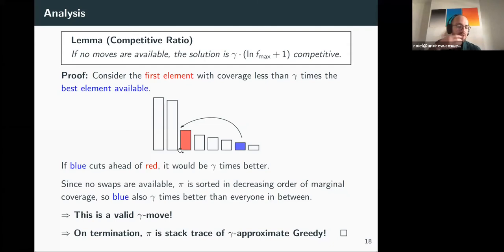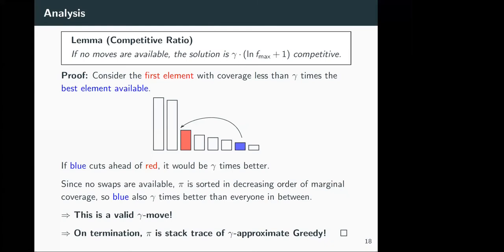And so on termination, pi must be the stack trace of an approximate greedy algorithm. It's fudging the greedy algorithm up to a gamma factor. What you can do is go back into the analysis of the greedy algorithm, and you'll notice that not running an exact greedy algorithm, but just this gamma approximate greedy algorithm, only adds an extra gamma factor to the competitive ratio.